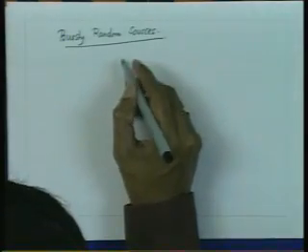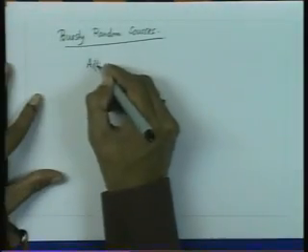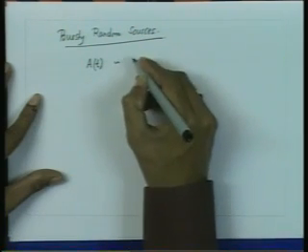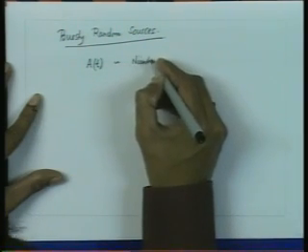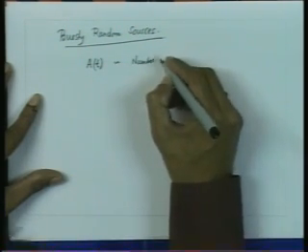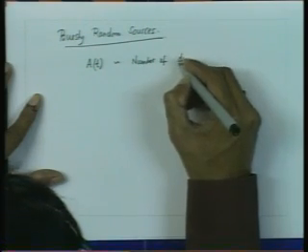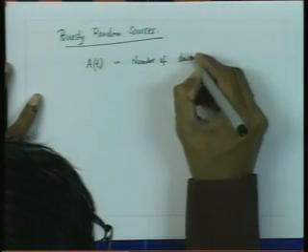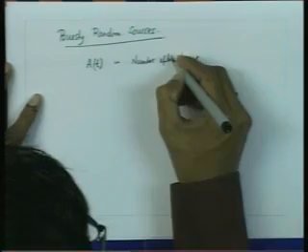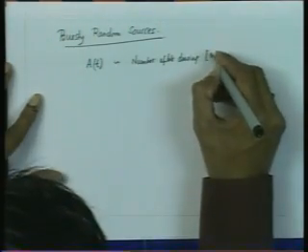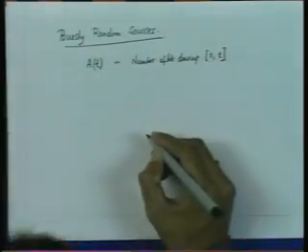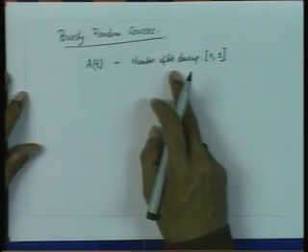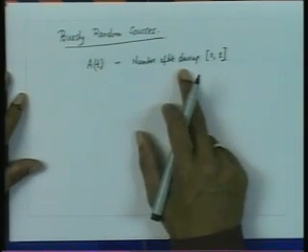Now our bursty random source is a source which is represented by A(t), where A(t) denotes the number of bits generated during the 0 to t interval. This could be the number of cells also, if we discuss this in the context of ATM.